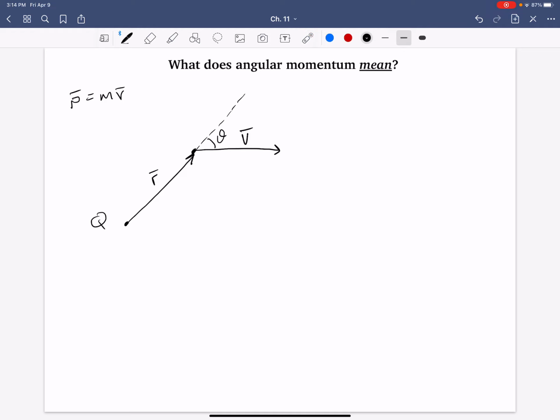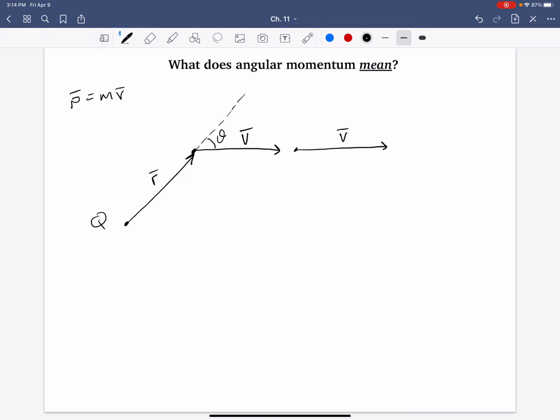So let me just define the angular momentum real quick, okay? So if this is at one point in time, that object a little bit later, maybe over there, I'm going to say it keeps the same velocity, right? It doesn't slow down or speed up.